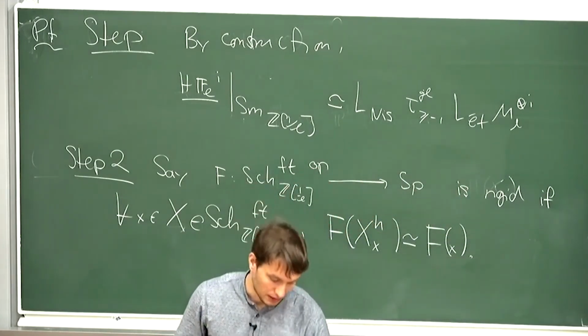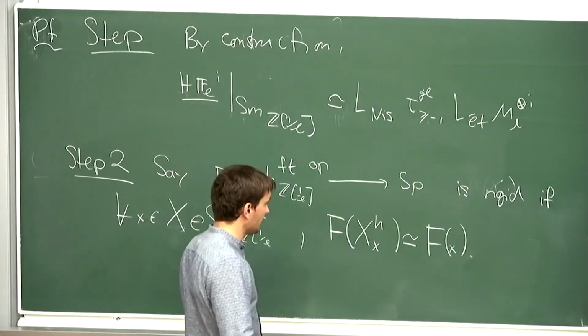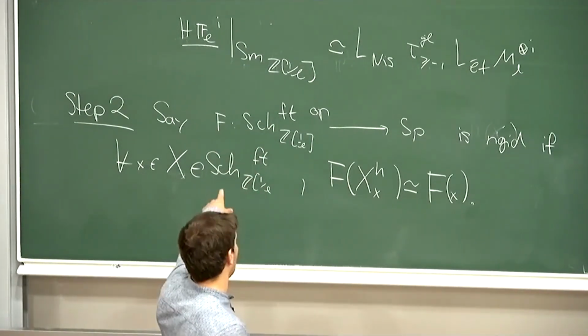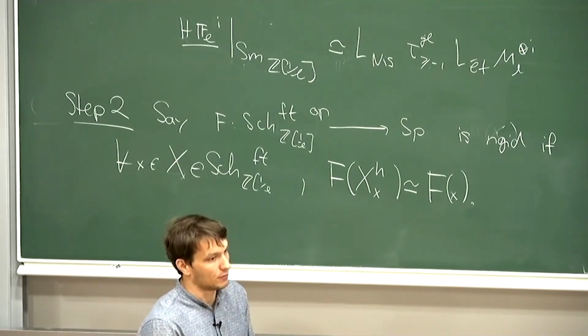Okay, so that is some convenient property. And then the fact is that if this is the case, then F is Nisnevich locally left-Kan extended from smooth schemes.